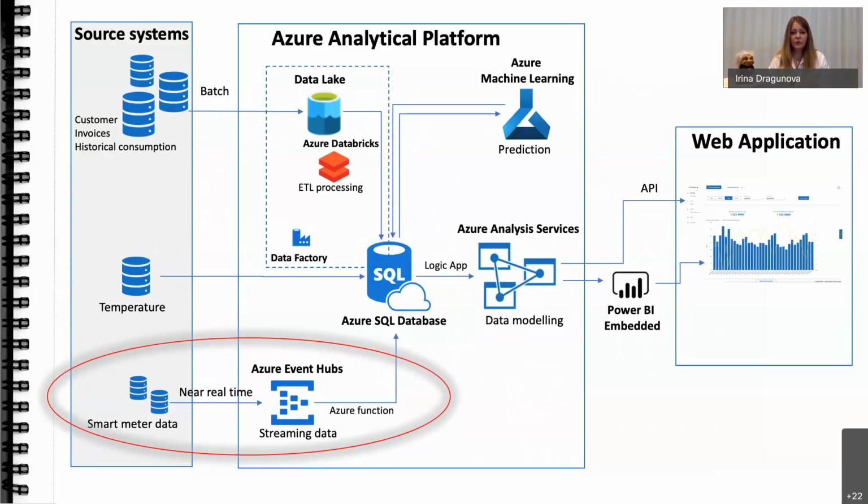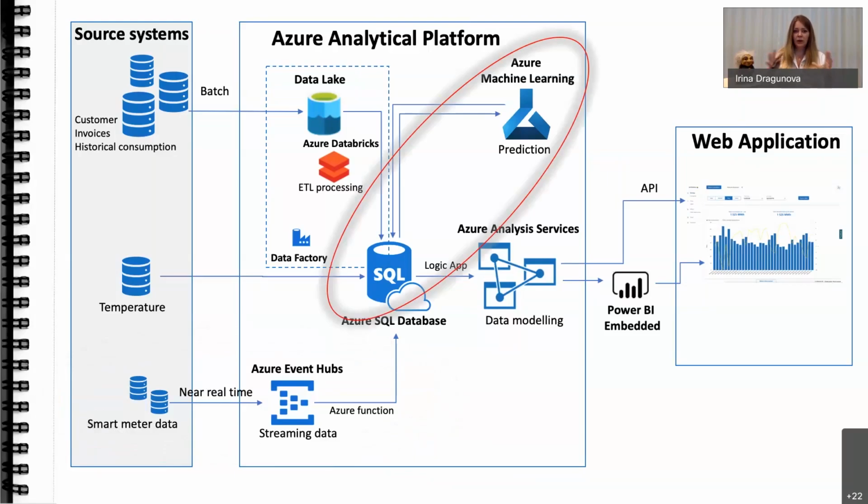And we have a job which picks this data up every 15 minutes and transports it to Event Hubs. Event Hubs is a real-time data ingestion service. It can stream millions of events per second from any source. This Event Hub triggers an Azure function, which transports our data to the same SQL database.